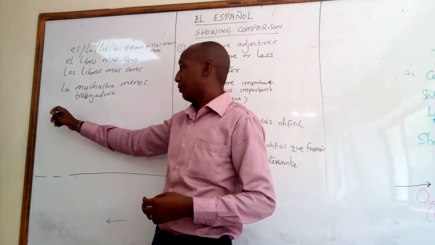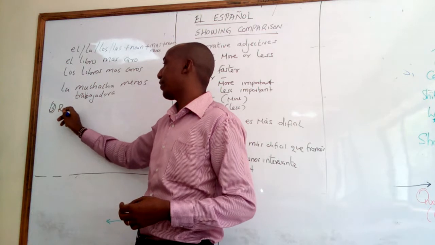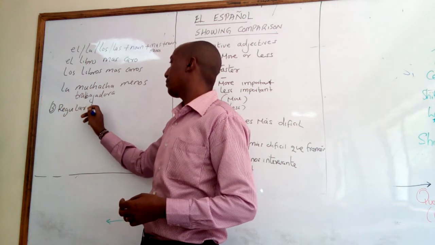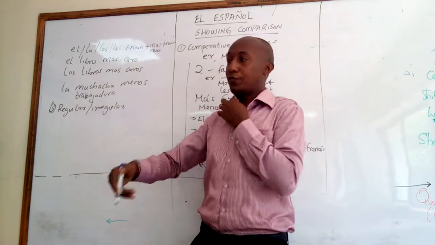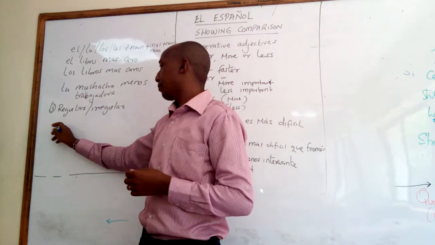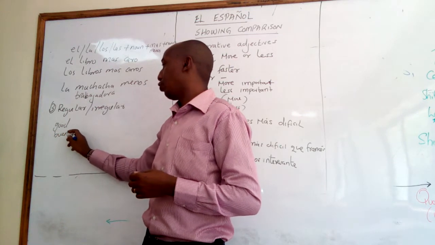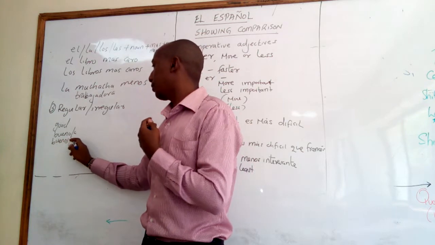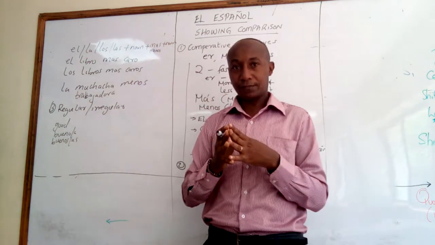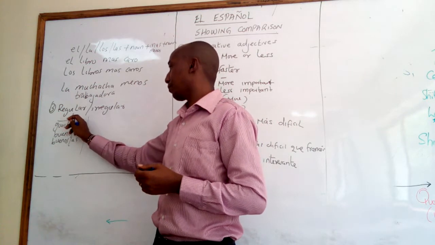And then we have what we call regular and irregular superlatives and comparatives. For example, we have good, which becomes bueno, can also be buena. Then the plural is buenos, and we also have buenas. This is now our adjective.